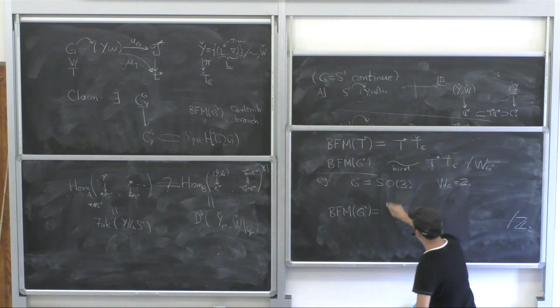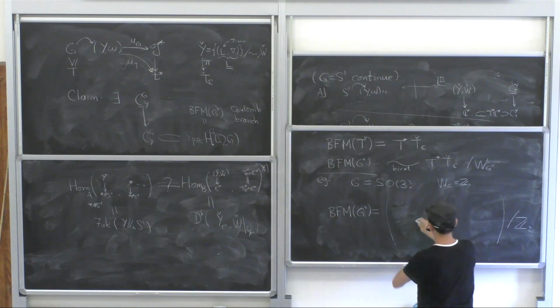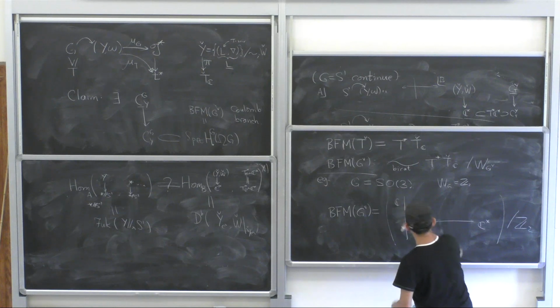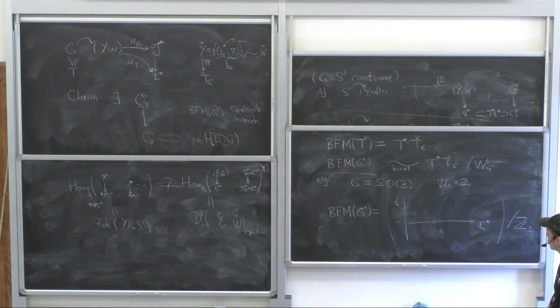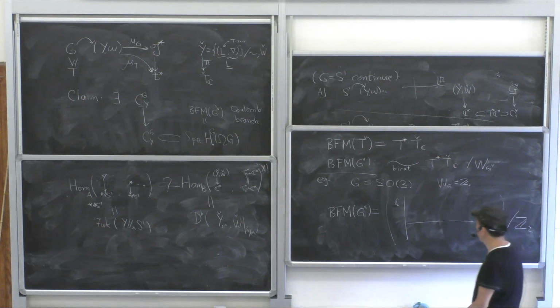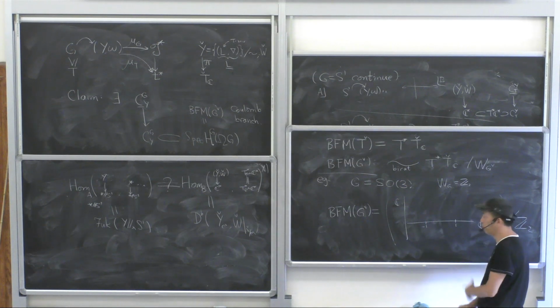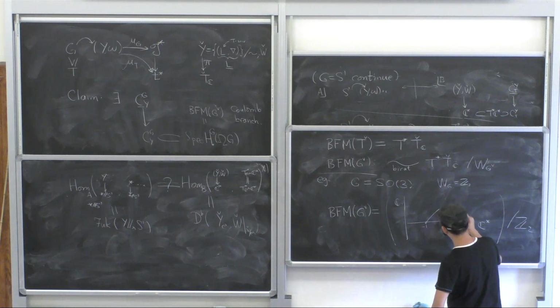You start with this one, C star cross C. Then you look at 1 and -1 here, and you blow up 1 and -1.